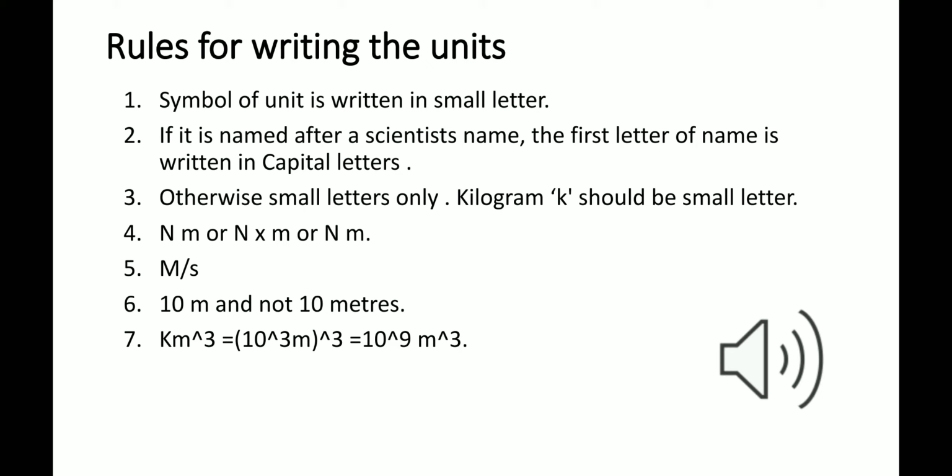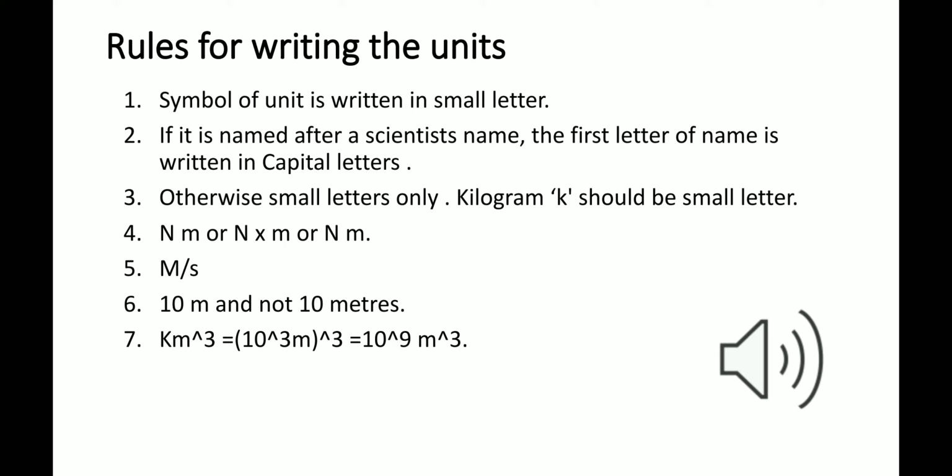Now, there are some rules on how to write the units. This slide is on that only. So the first rule is that if the symbol is not named after a scientist, it will always be written in small letters.